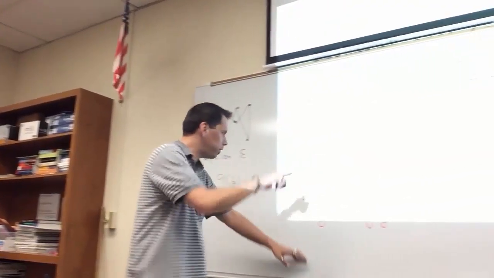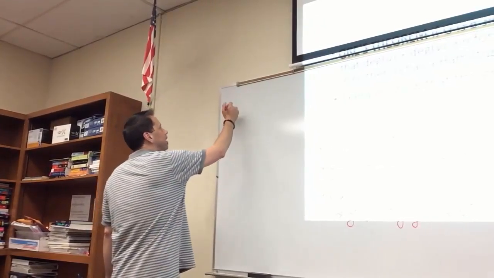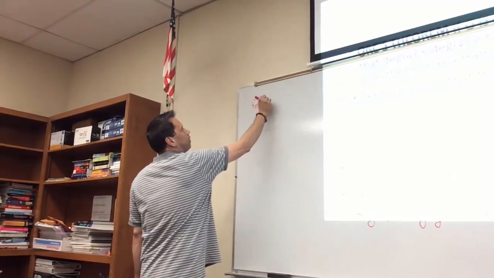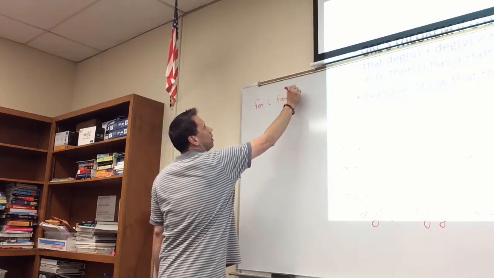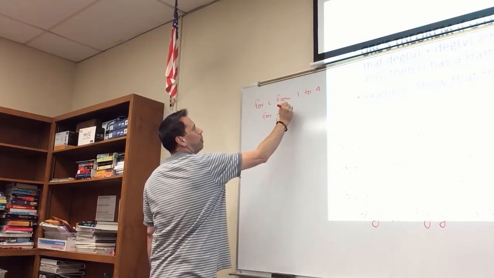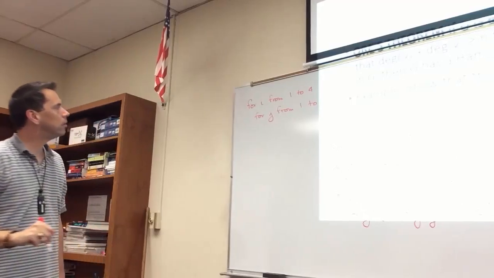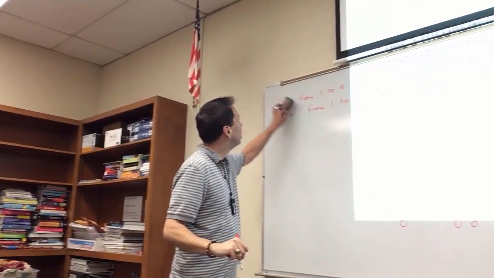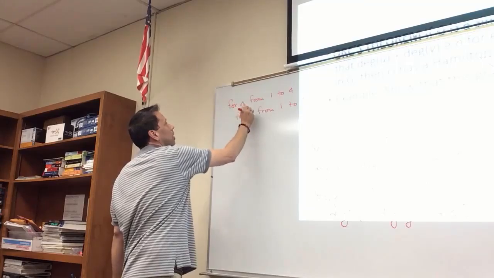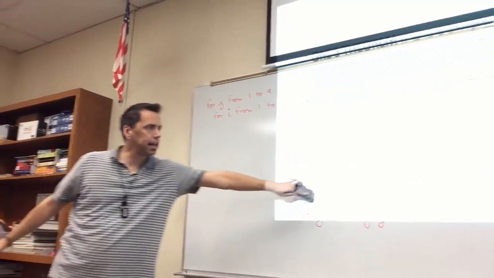The way that you say that in programming is something like, for i from 1 to 4, and then for j from 1 to i. Let me see. I think I might have that backwards. Yeah, I have it backwards. This says the same thing as that. Yeah, they teach us not to do that. Really?